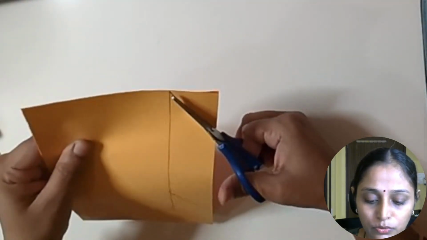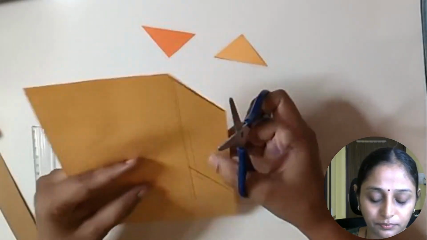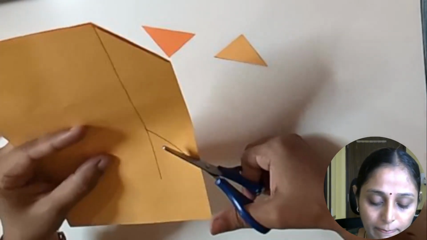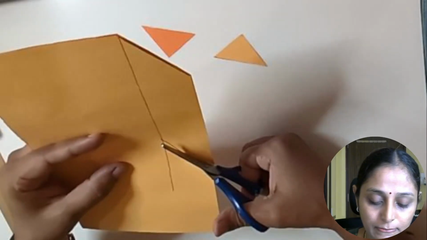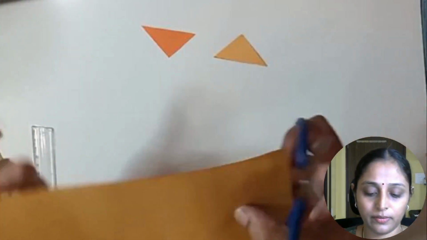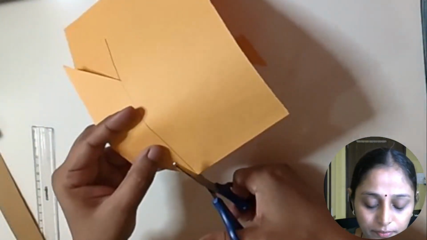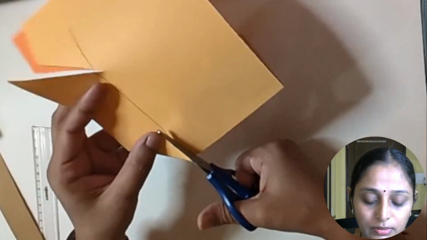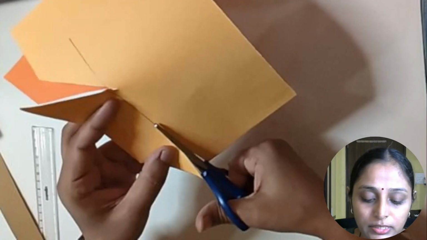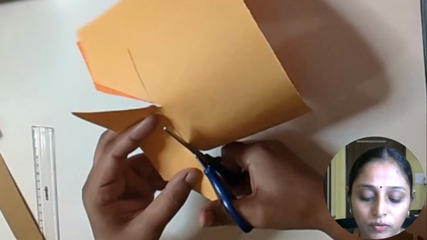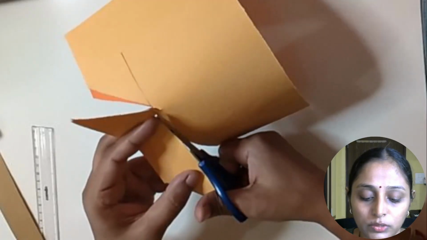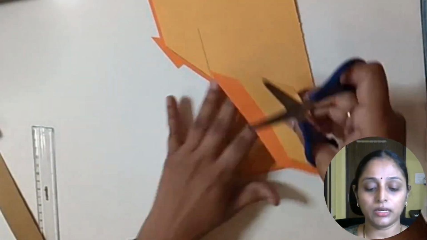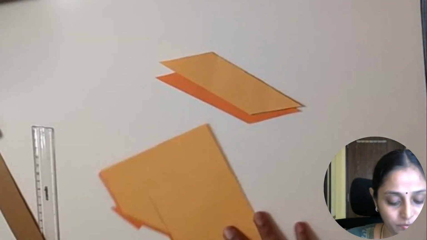Right. So okay, and this side. The second parallelogram is also simultaneously getting ready because I have overlapped one over the other, right? So yes, these are my two parallelograms.